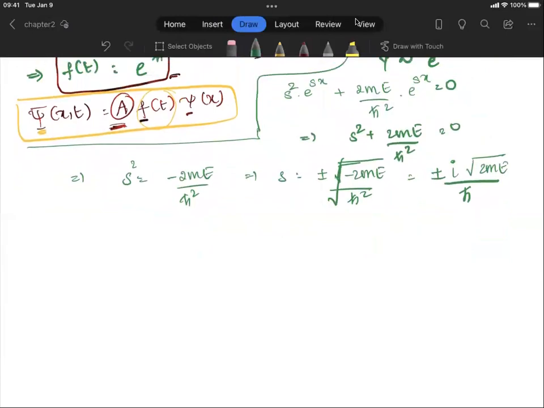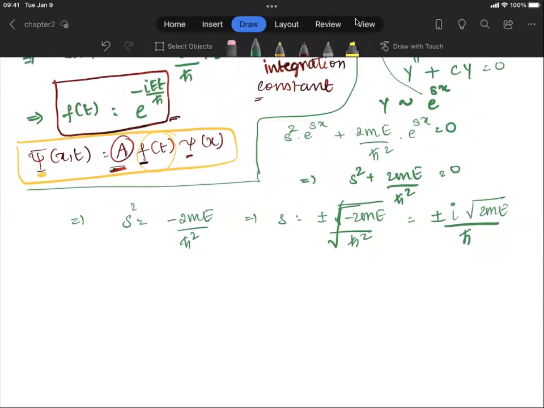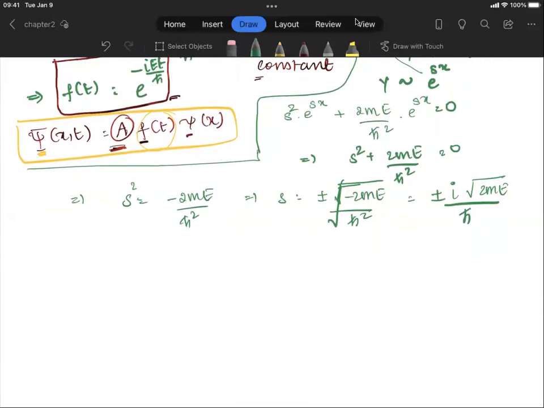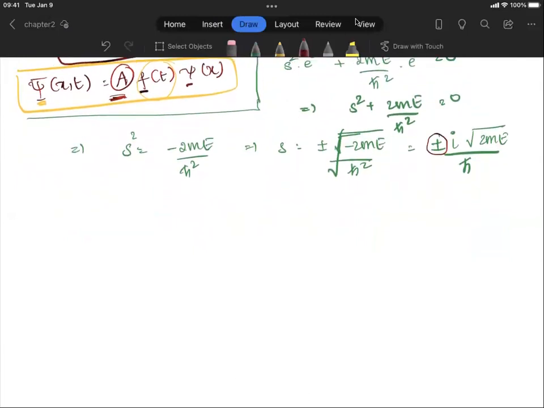So s can be equal to plus or minus i times the square root of 2mE divided by h bar. Now, there are two possible solutions, one positive and one negative. So when we have two possible solutions that can satisfy a differential equation, a general solution can be written as a constant times e to the power of one of the solutions times x, plus another constant times e to the power of the second solution times x.